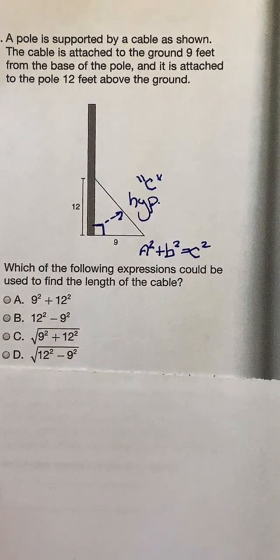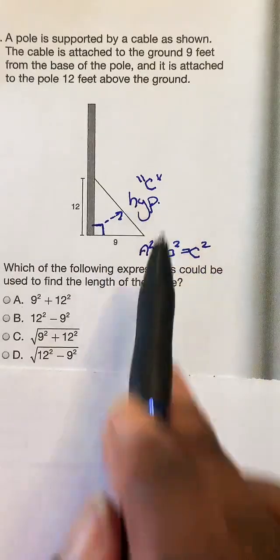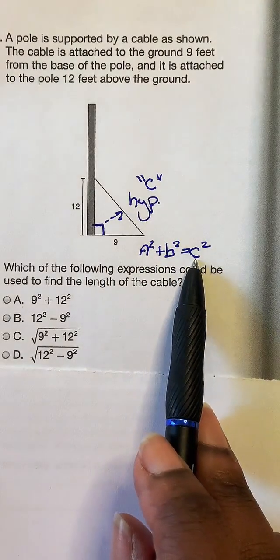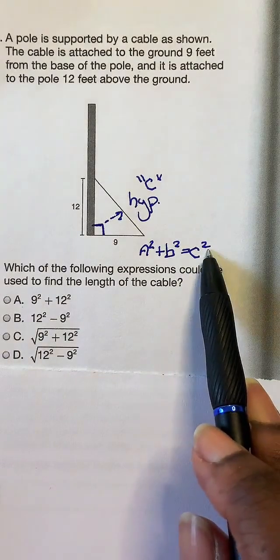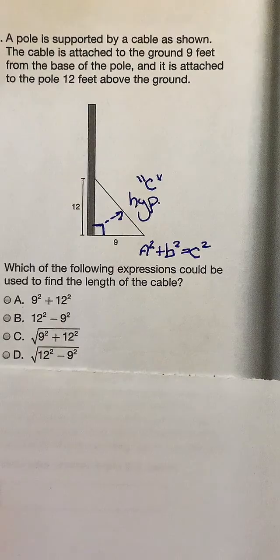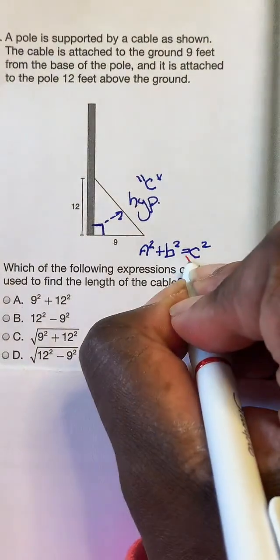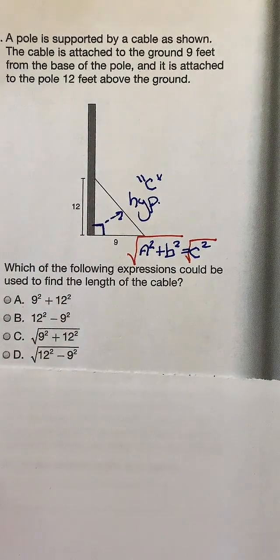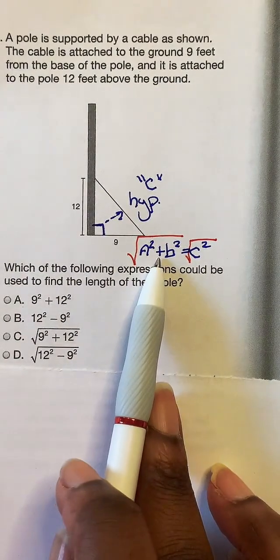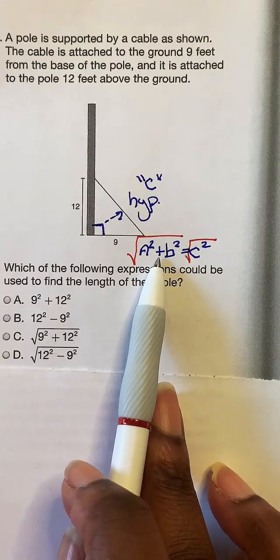Now, we're trying to figure this out. Here's a quick hint. If we're trying to find C, the opposite of a square is a square root. Now, notice it's still an addition.